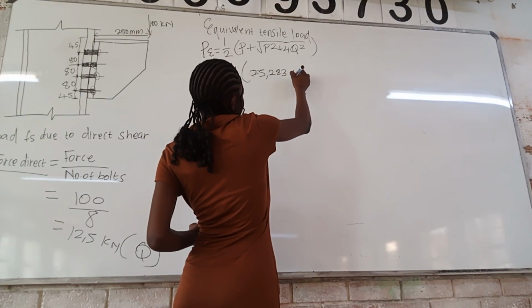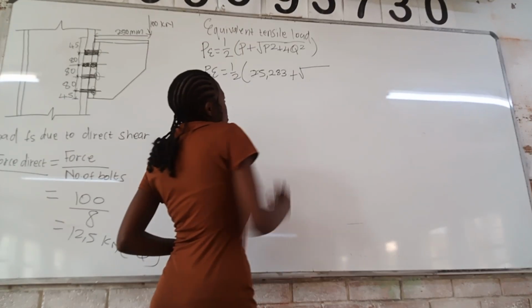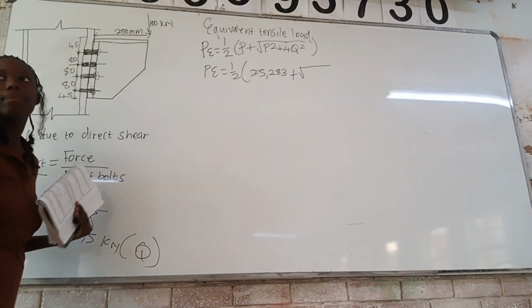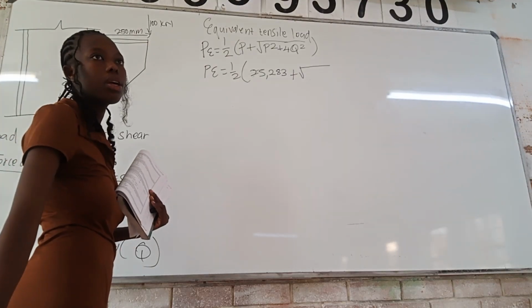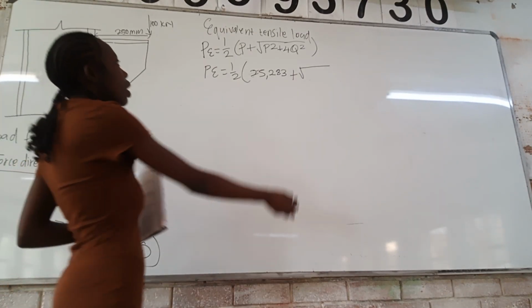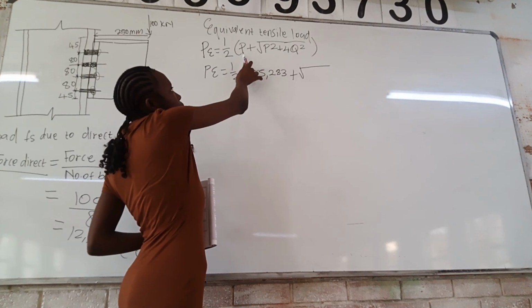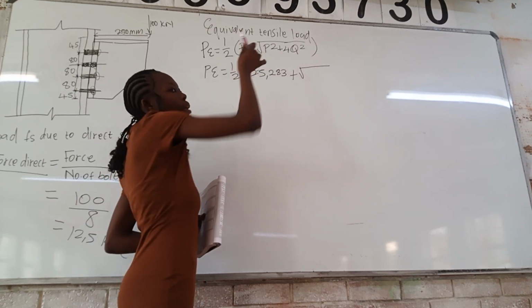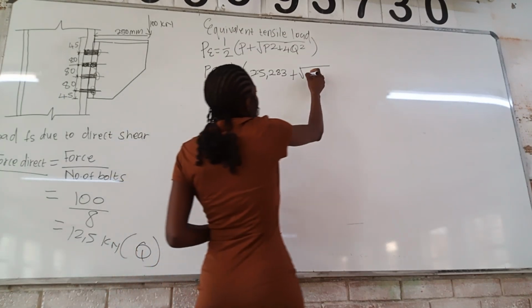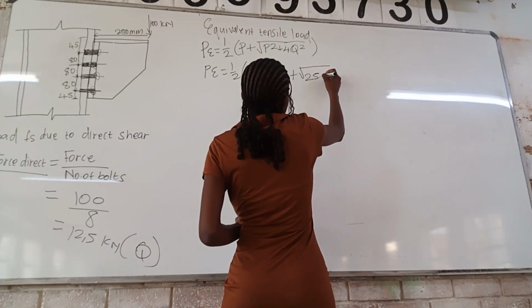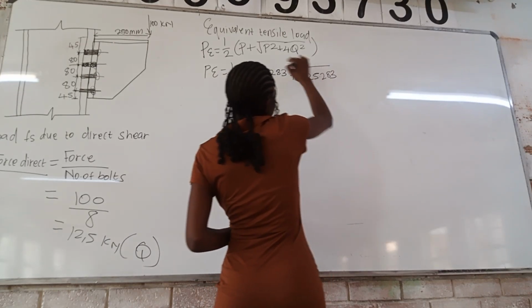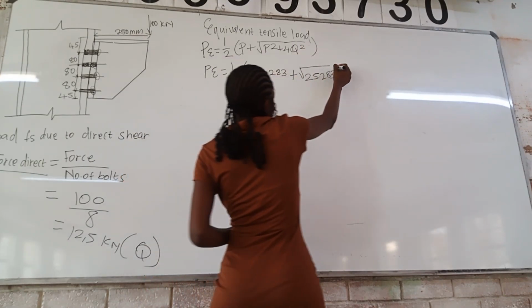And then plus the square root of P squared. The formula says P, 25.283, and we square it.